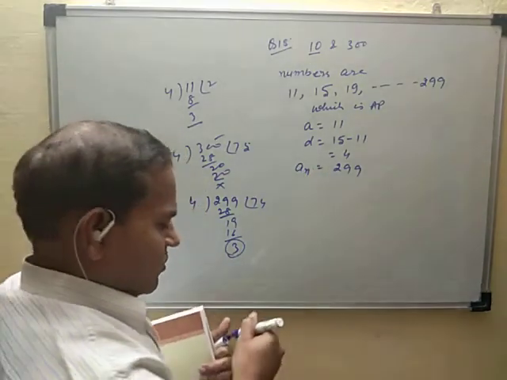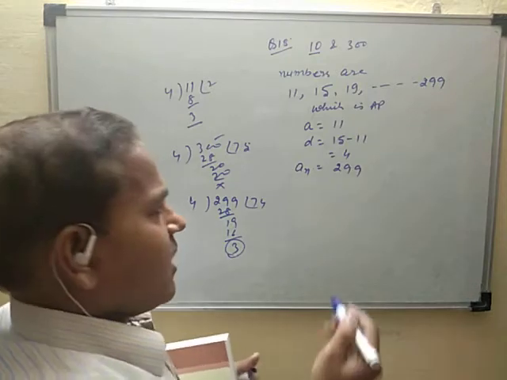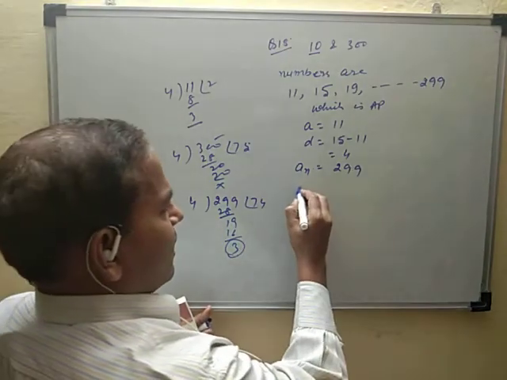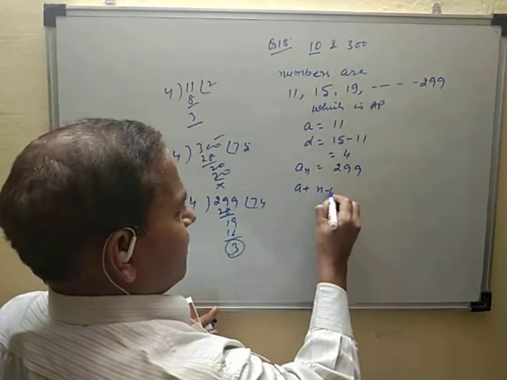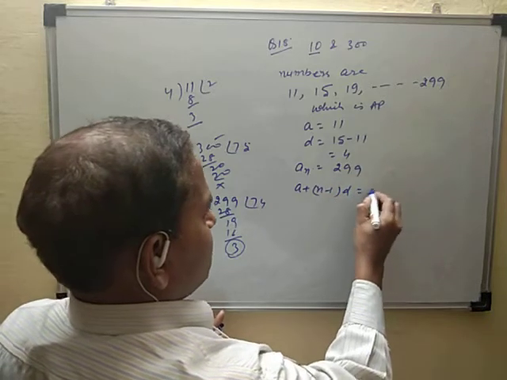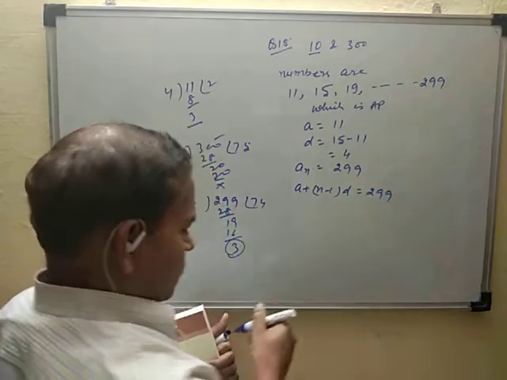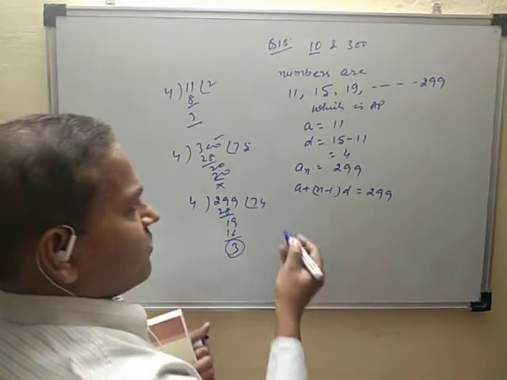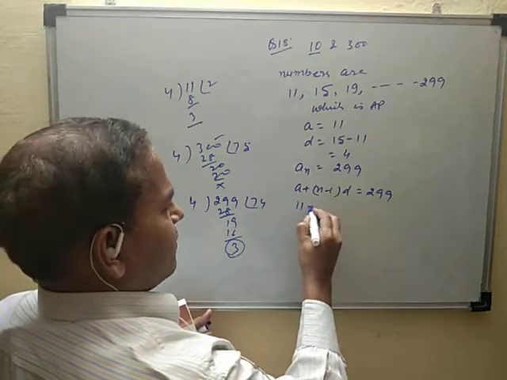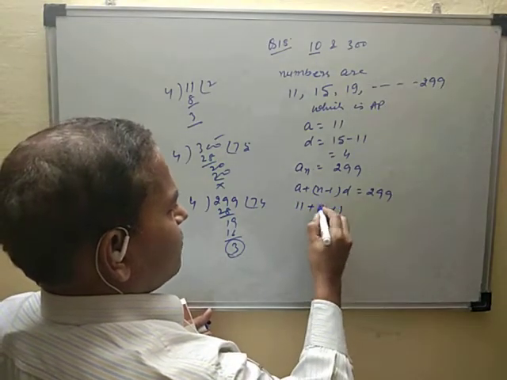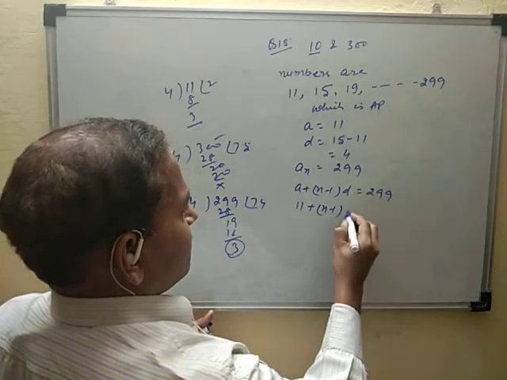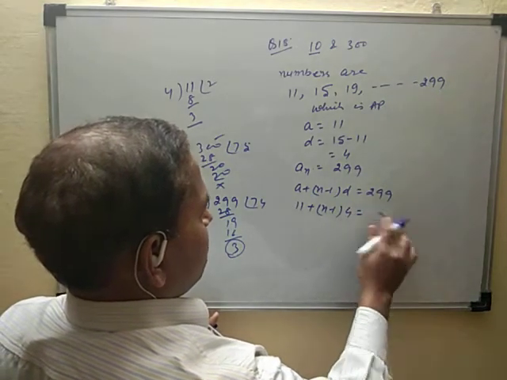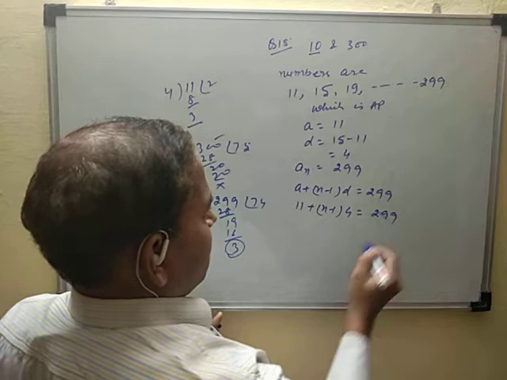So the nth term is 299, and put the values. Tn is equal to A plus (n minus 1) into D is equal to 299. Put value A is 11, (n minus 1) into D, what is D? 4, is equal to 299.